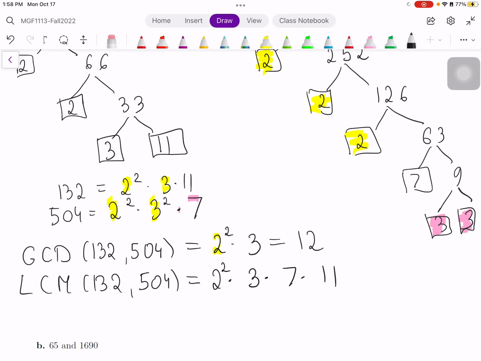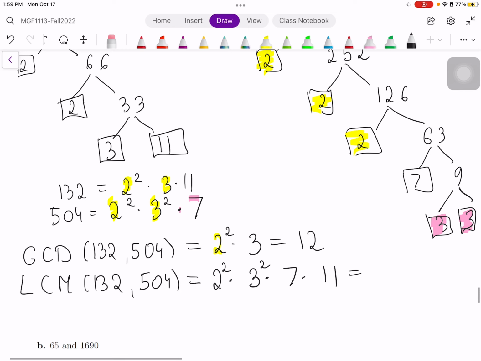But in both cases, 2 appeared with the power 2, so there is no dilemma here. But in the case of 3, I'll go with the bigger of the powers. And 7 and 11 appeared only once. Okay. And so I can use a calculator and calculate what that's going to be. And that's going to be 5,544.